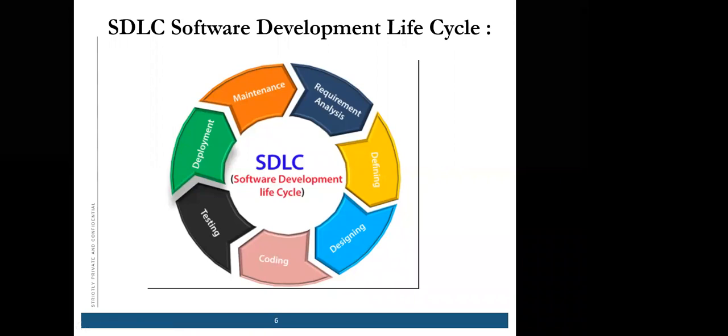The outcome of this phase is the high level document and the low level document, which work as the input for the next phase, which is the coding phase. Every phase has some inputs and some outputs.